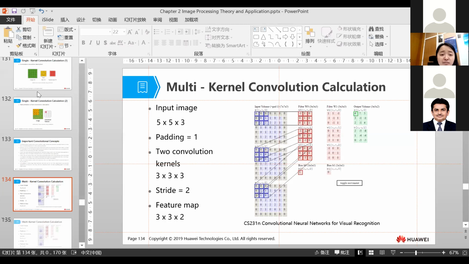But for what you mentioned, like the Boston house price information, we will not use convolutional calculation.